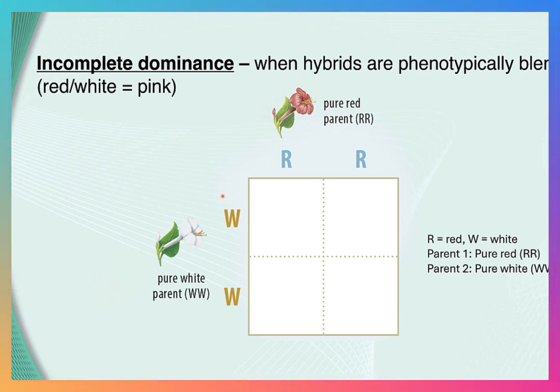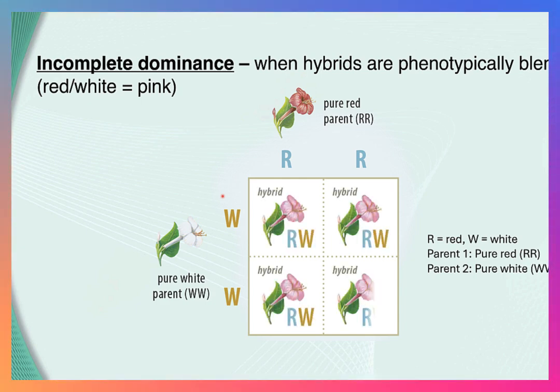In this case, red and white produce pink. The representation here of WW as a large WW is done that way in order to show incomplete dominance. And so you end up with 4 pink heterozygous plants, and this generation is hybrid pink.